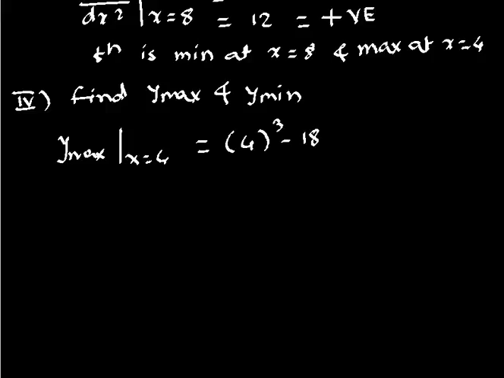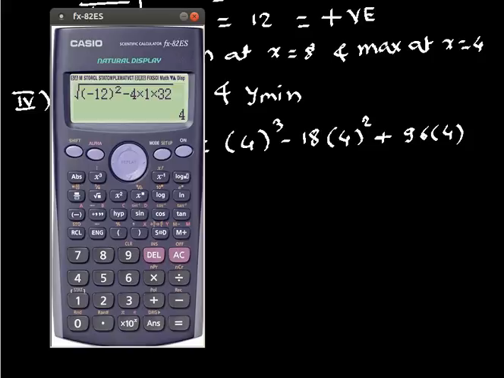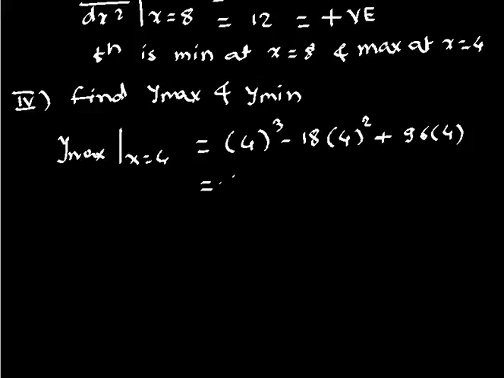Let us find it with the calculator. It will be 4 cube minus 18 into 4 square plus 96 into 4. It comes out to be 160.